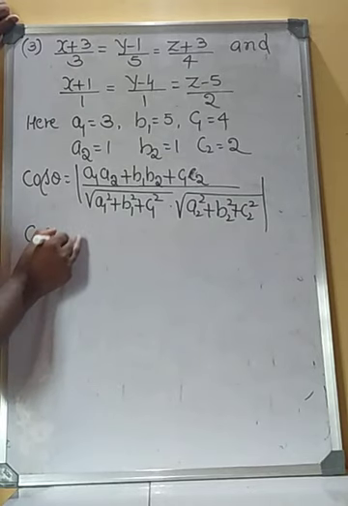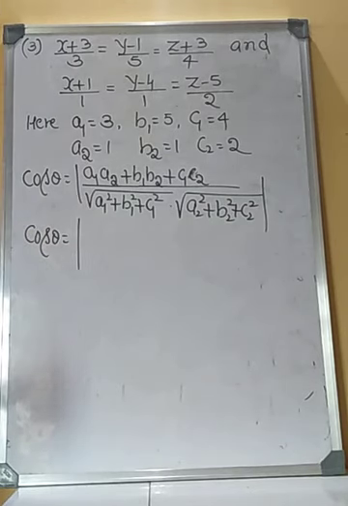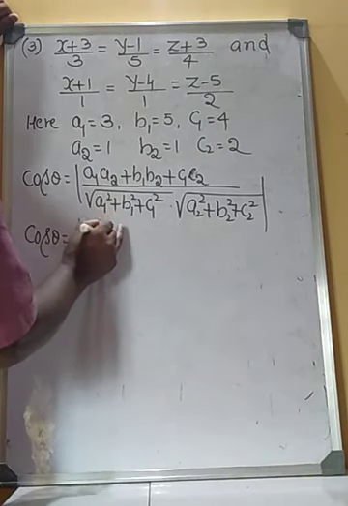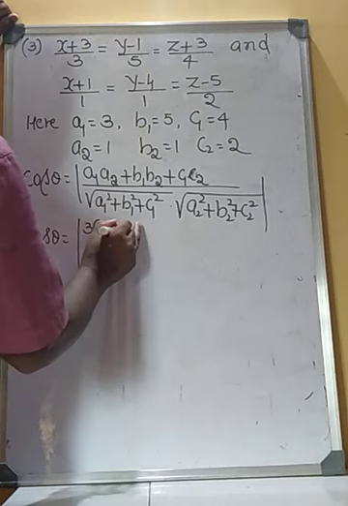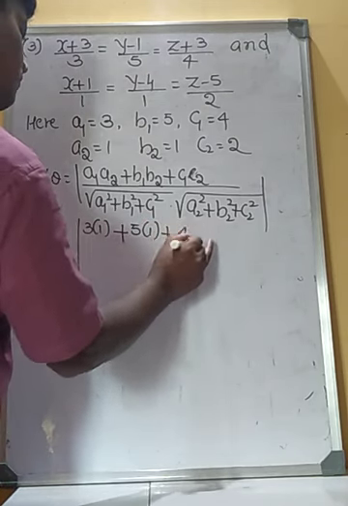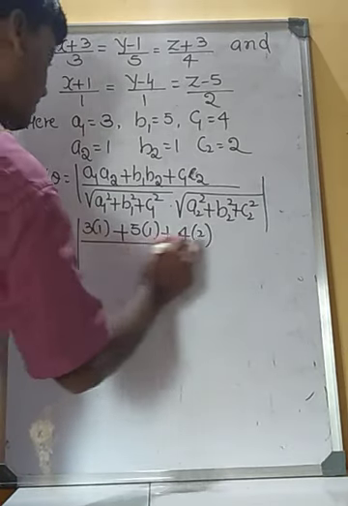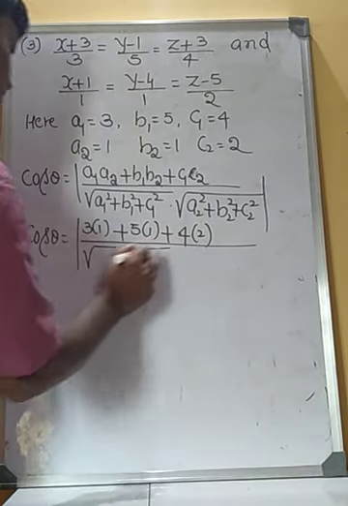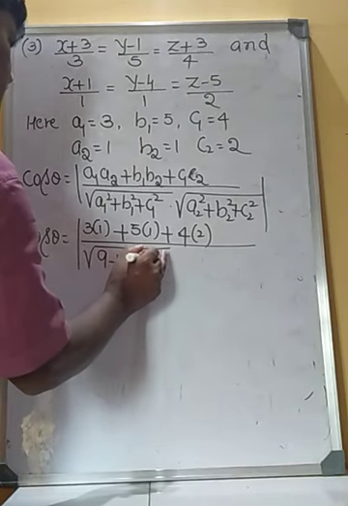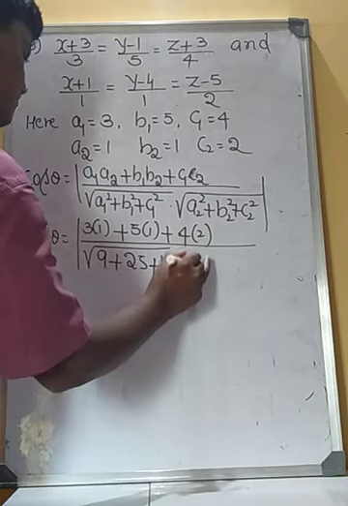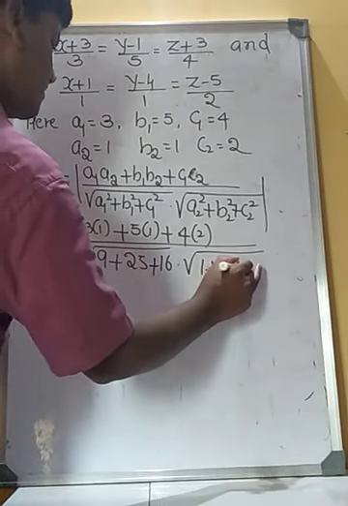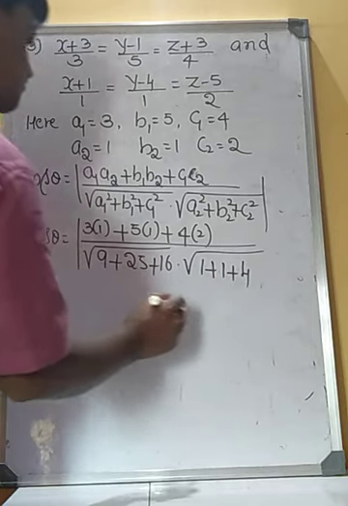Therefore cos theta is equal to magnitude of 3 into 1 plus 5 into 1 plus 4 into 2 divided by square root of 3 square 9 plus 5 square 25 plus 4 square 16, into root of 1 square 1 plus 1 square 1 plus 2 square 4.